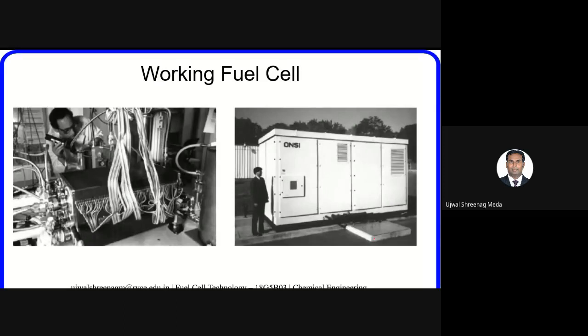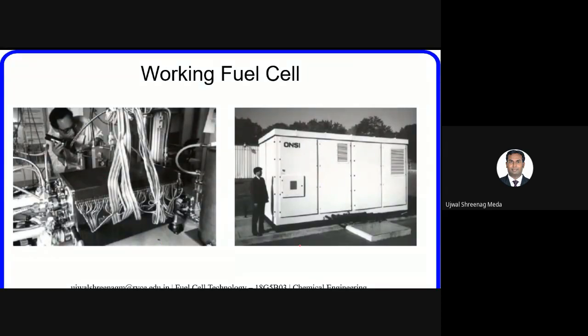Each of these fuel cells is monitored individually, and you can see that a lot of other connections make the fuel cell system. We are going to learn more about the components required other than the fuel cell stack itself in order to make the fuel cell system. You can see one such picture here on the left, which is under study in a laboratory.